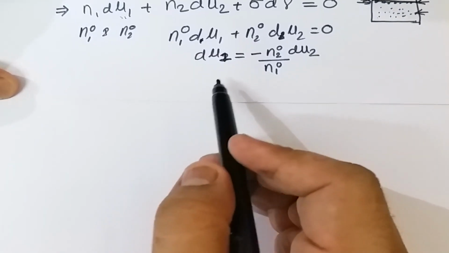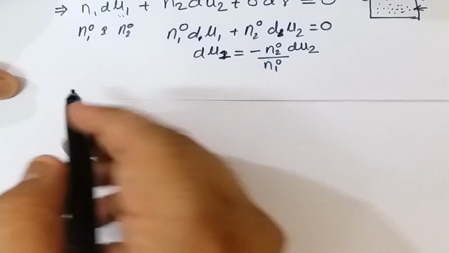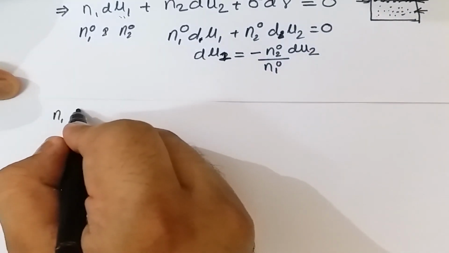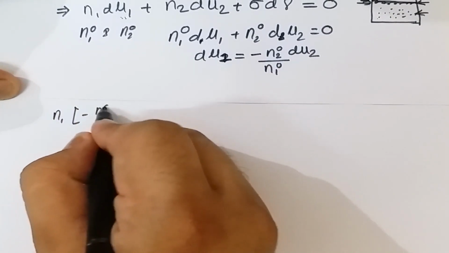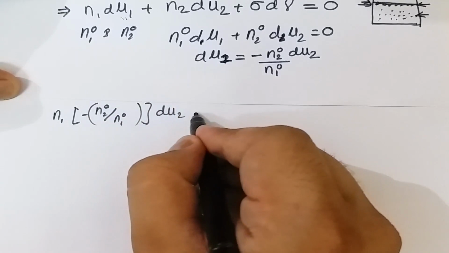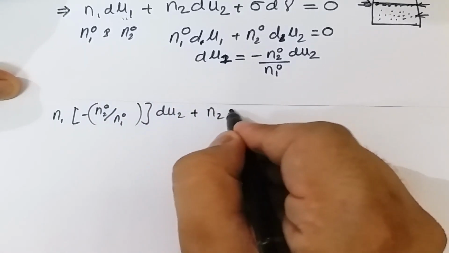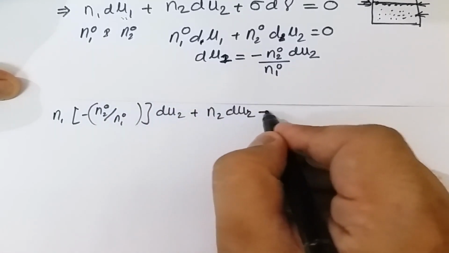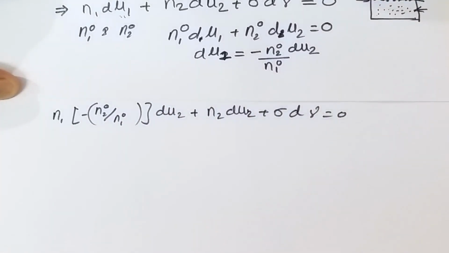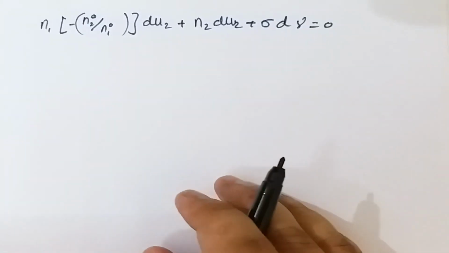So when we substitute the value of d mu1, we will have N1 into minus N20 upon N10 into d mu2 plus N2 into d mu2 plus sigma d gamma, and that is equal to 0. So we have this particular expression.